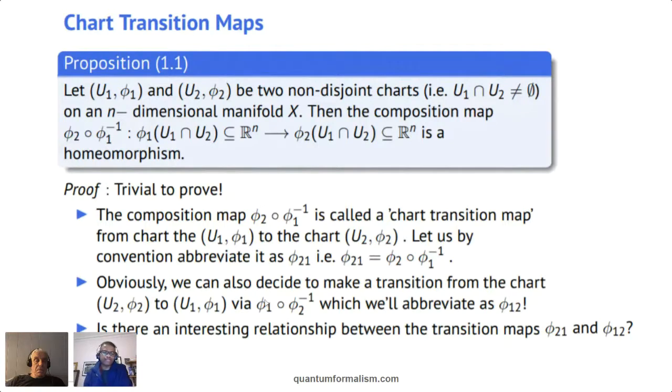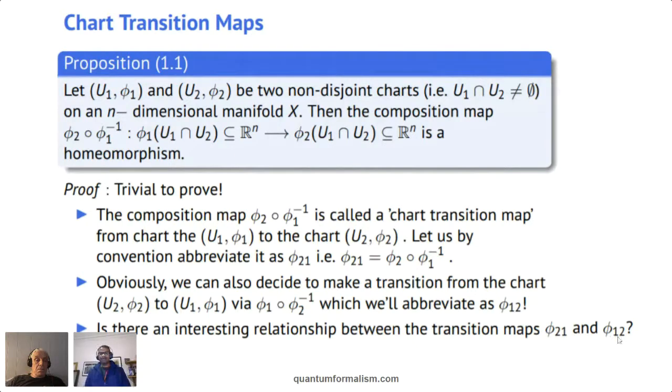We can also go the other way around, from chart U2 phi 2 to chart U1 phi 1 via this composition here, which we will also abbreviate like this.